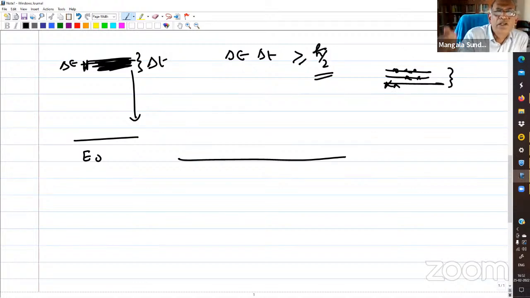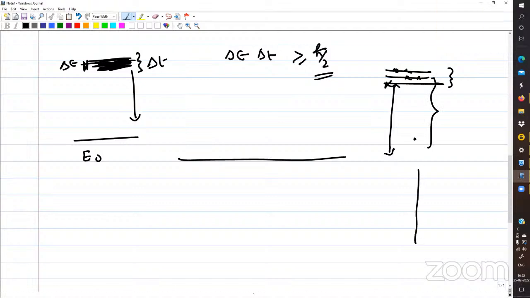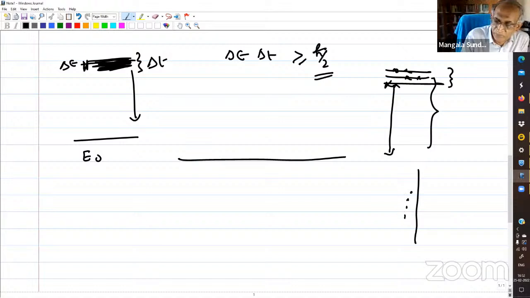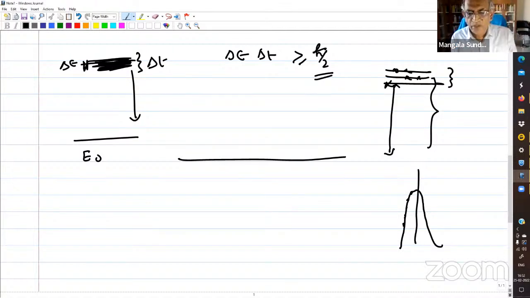But when you measure the probability of transitions, suppose this is precisely E, those which are here will have a transition somewhere here, some will be here. So you can see that the energy sort of spreads out. This is the minimum spread, by the way. Molecules have line widths due to other factors.